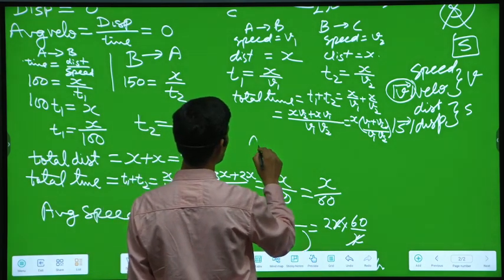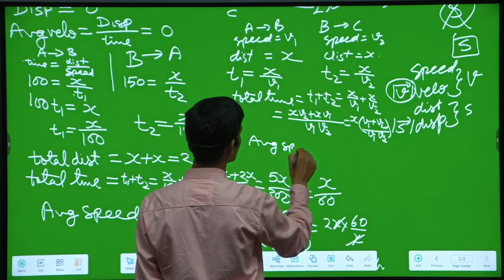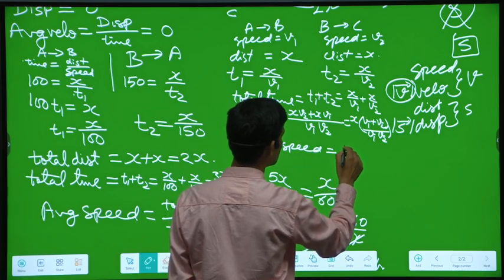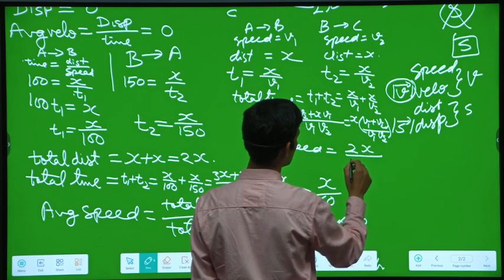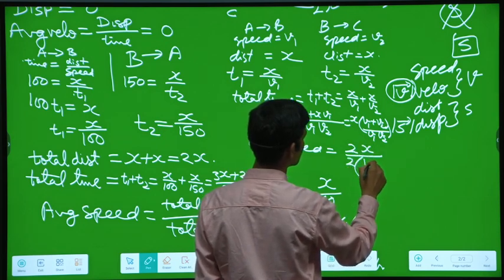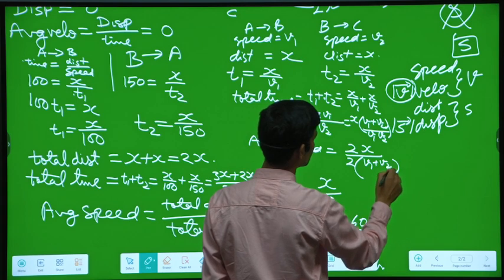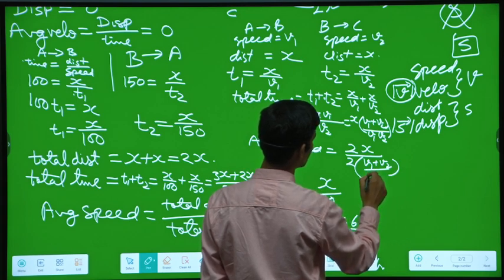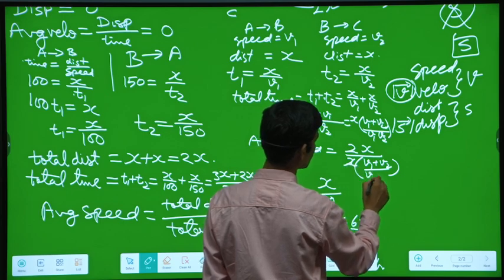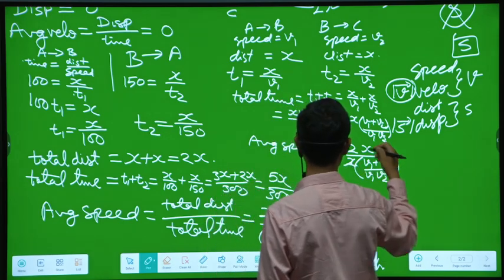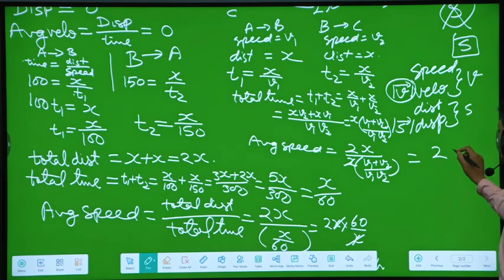So average speed will be total distance, total distance is 2x, upon total time. X will get cancelled and the end result will be 2v1 v2 upon v1 plus v2.